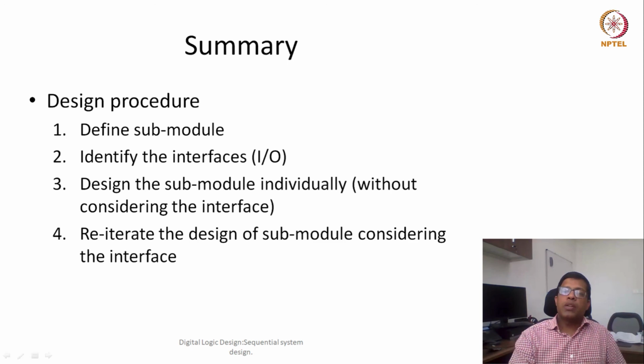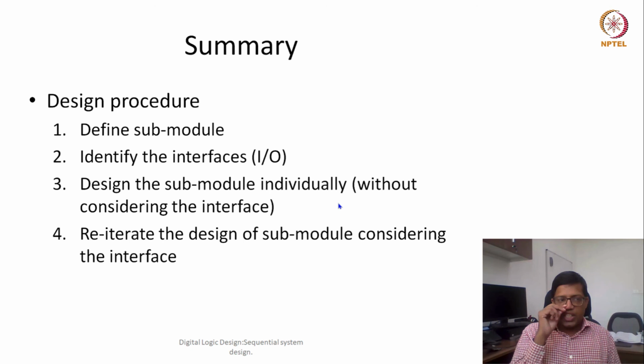Sometimes this information helps, sometimes it doesn't, but in the case we took, it was quite effective that we could design this submodule without considering the interface.